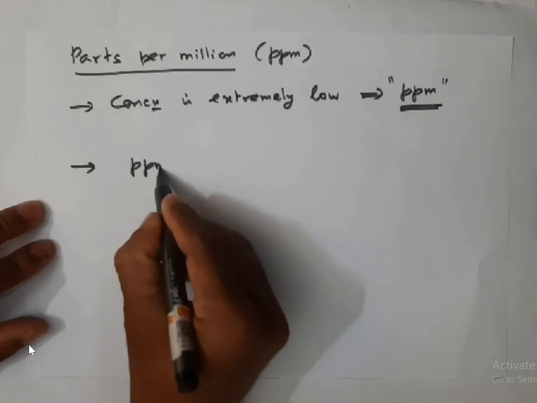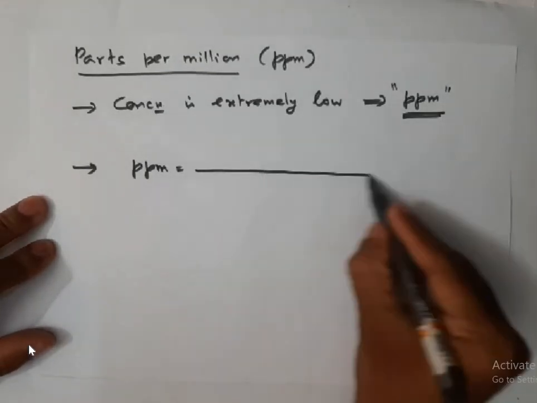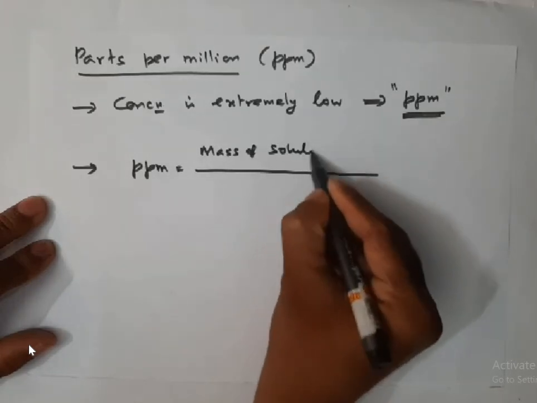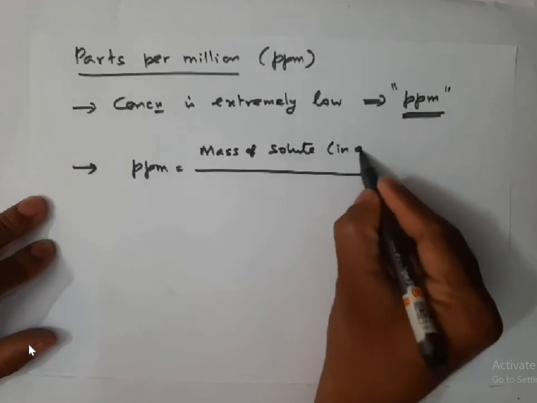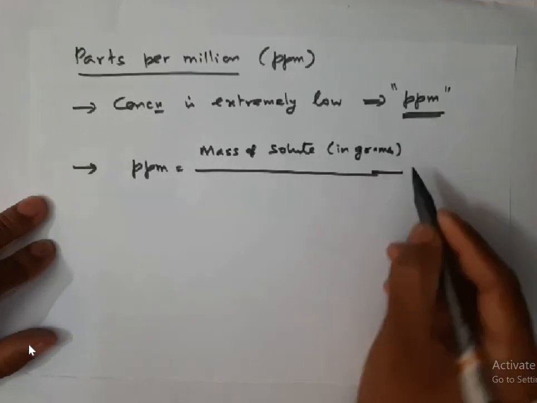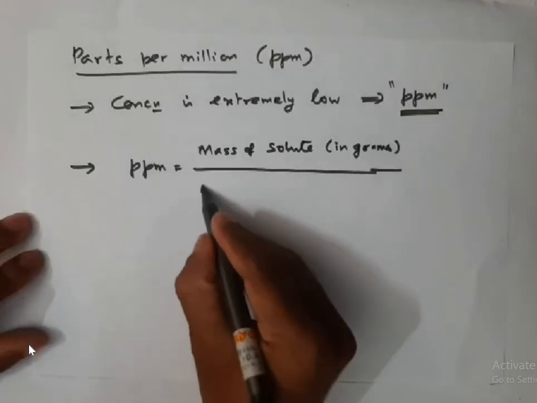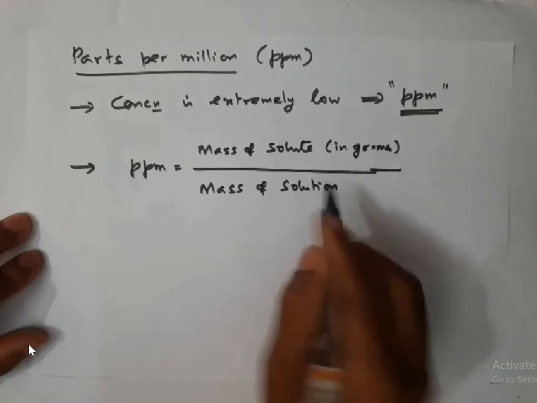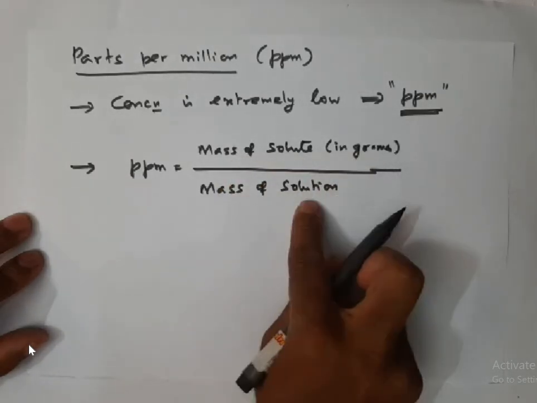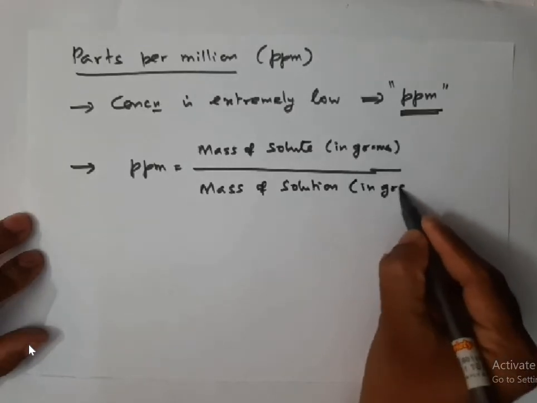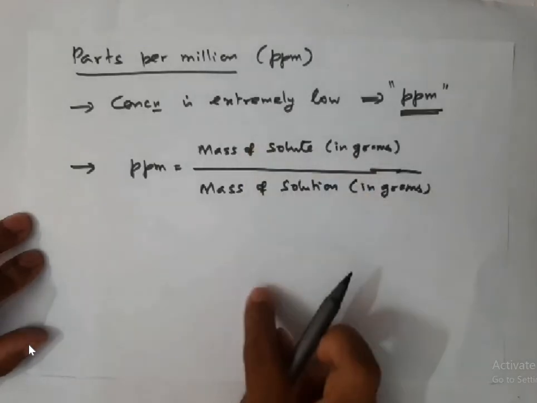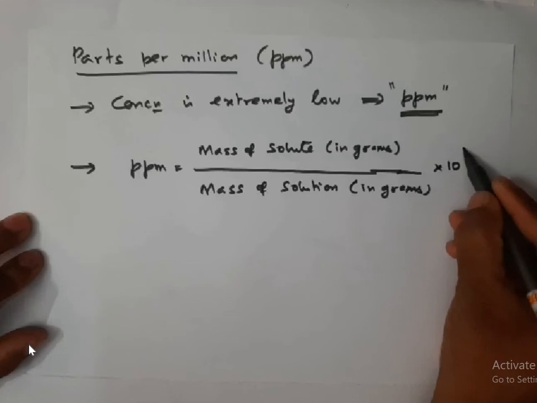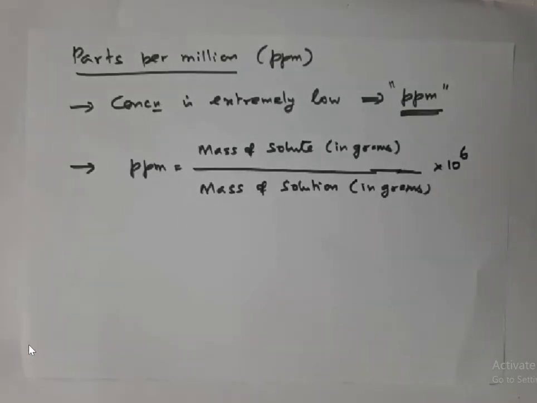You can calculate using this formula. Parts per million is nothing but mass of solute in grams divided by mass of solution, this also should be in grams, multiplied by 10 power 6. 10 power 6 will give you parts per million.